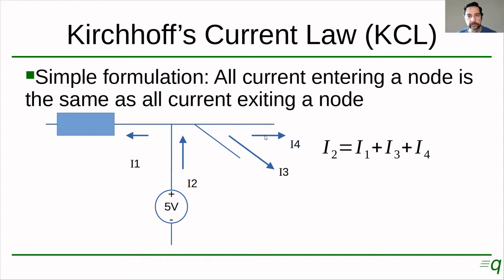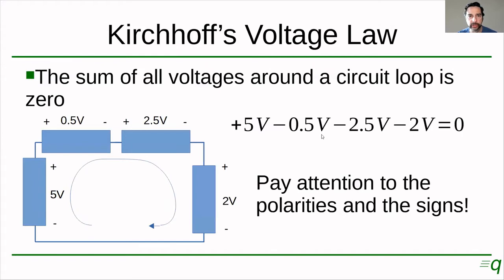So KCL, or Kirchhoff's current law, simply states that I2, the current entering a node, is going to be equal to I1 plus I3 plus I4. Simple enough, right?